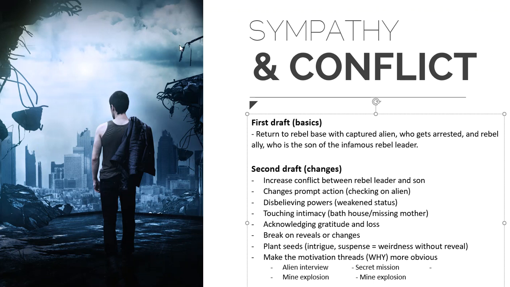Something similar is going to happen. She just found out that his father's the rebel leader. She didn't know that. She's also going to find out that her alien friend isn't just some random alien. He's actually an alien prince. So both of her close allies have been lying to her, and she learns these big discoveries about him.